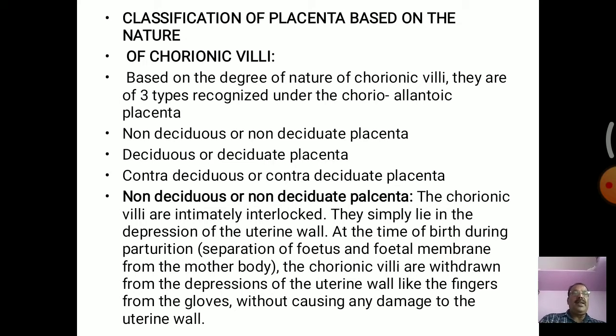The chorionic villi are intimately interlocked. They simply lie in the depressions of the uterine wall.